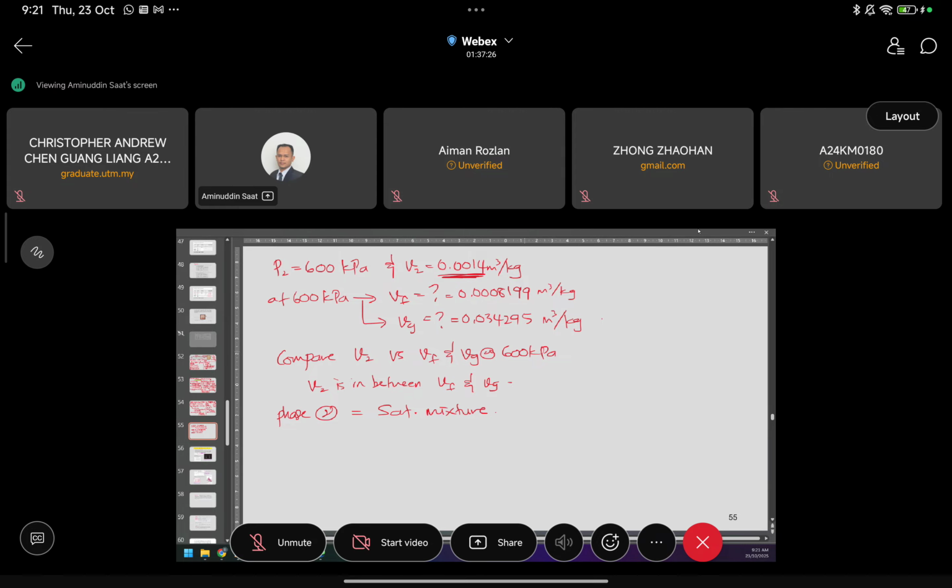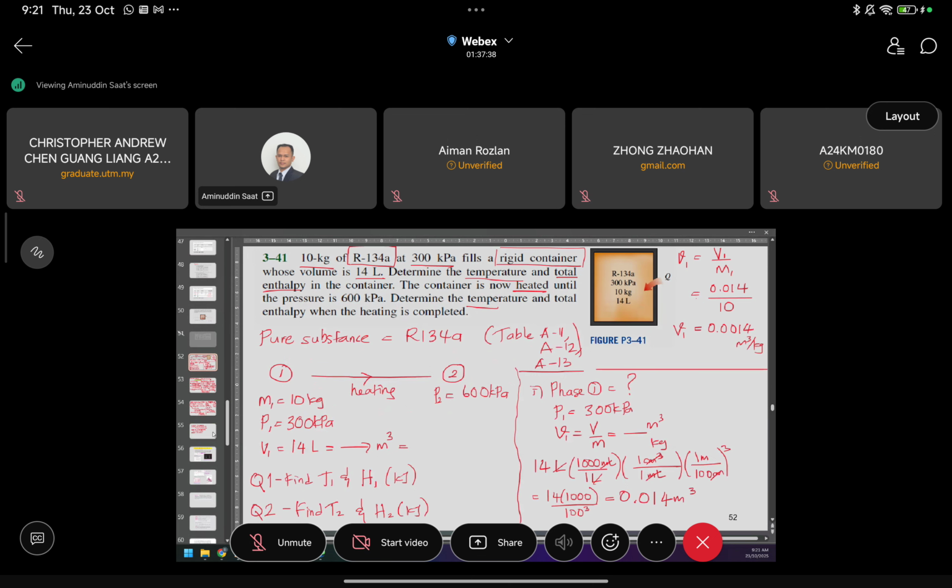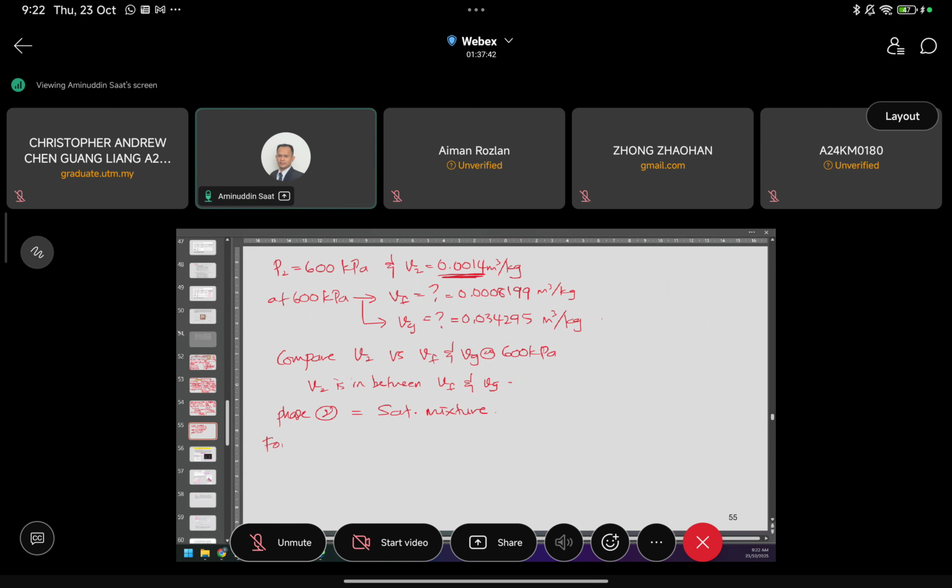So the question is they ask you to find T, right? For saturated mixture, T2 will be T saturation at P given.